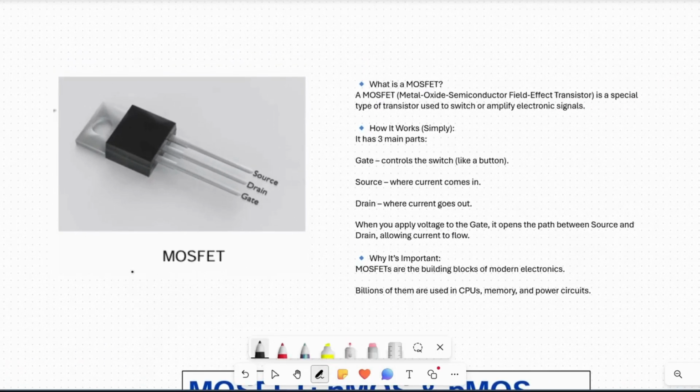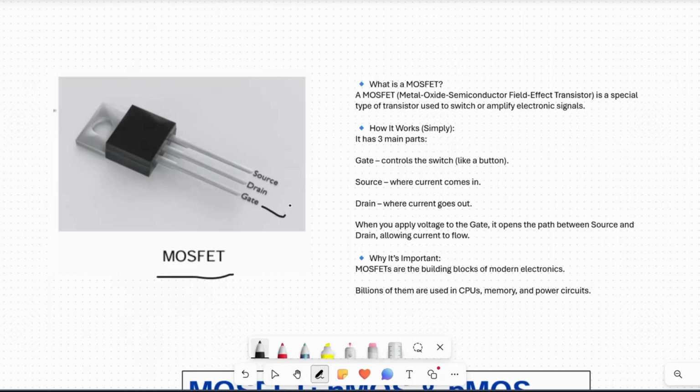Now let's talk about MOSFET. What is a MOSFET? A MOSFET is a metal oxide semiconductor field effect transistor. So that's also a transistor. How does it work? It has three main parts.